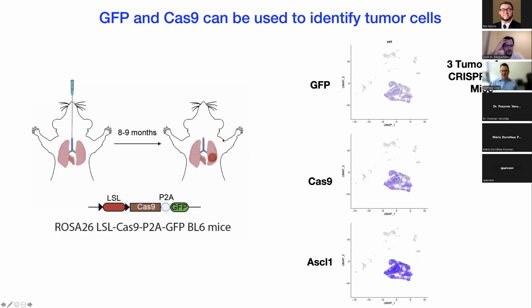So you can sort out these tumor cells, very early on or in established tumors, and analyze just the tumor cells themselves. Or you can look in single cell RNA-seq, with GFP and Cas9 as markers of the tumor cells, to confirm what you'd expect with ASCL1 expression. That can be quite helpful.